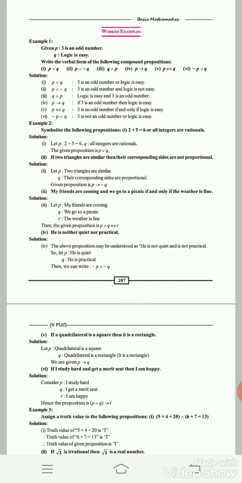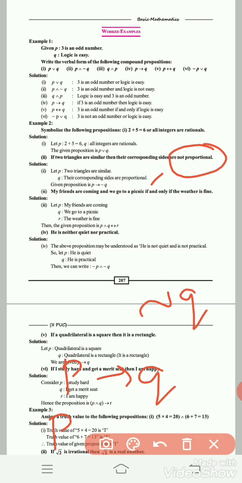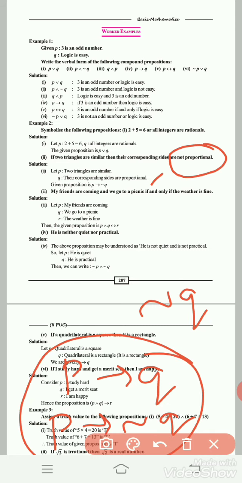See here, they have taken Q statement as their corresponding sides are proportional, but in the question it is given as not proportional. Not proportional means negation Q. Either you can write P implies Q or P implies negation Q. It depends on the statements we have taken. Suppose P is two triangles are similar, Q is their corresponding sides are proportional.